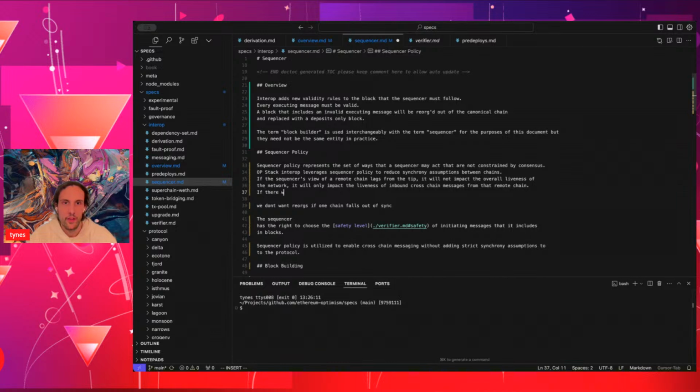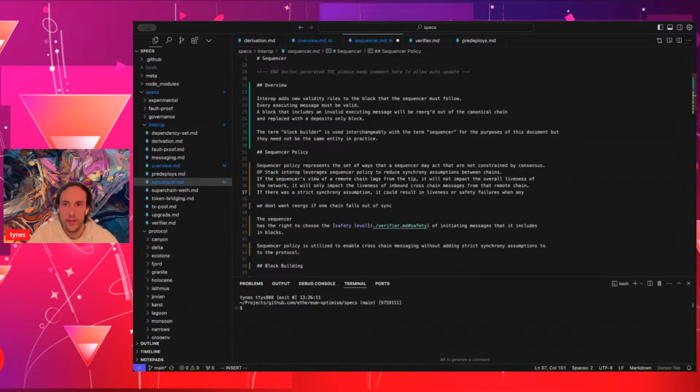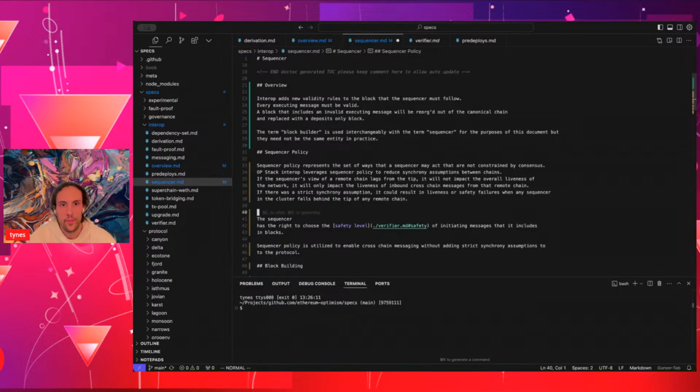So maybe if there was a strict synchrony assumption, it could result in liveness or safety failures when any sequencer cluster falls behind the tip of any remote chain. Yeah, I think that's good.